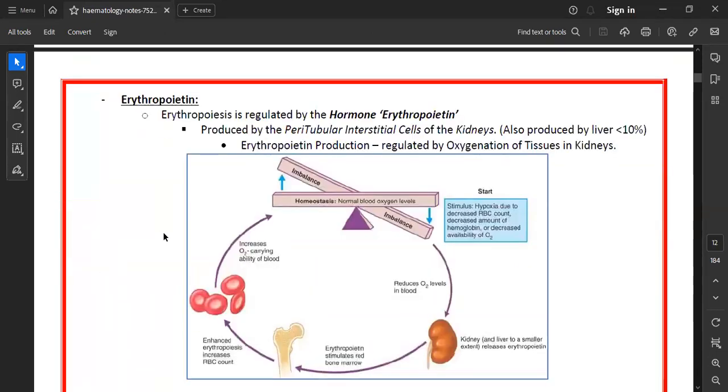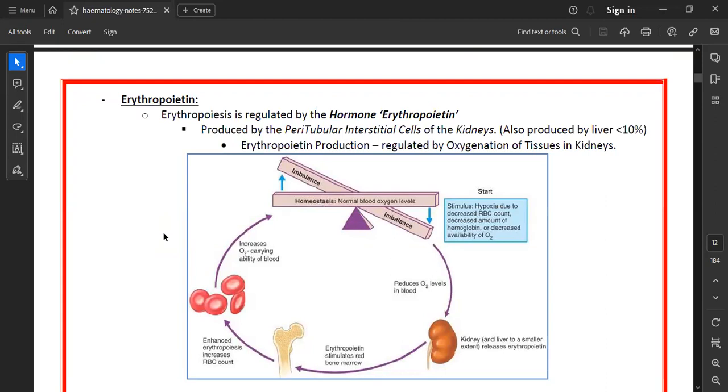So erythropoietin is a hormone that is produced in the kidneys, particularly the peritubular interstitial cells. So it is the one that regulates erythropoiesis. Even pharmacologically, it's available as an injectable formulation.